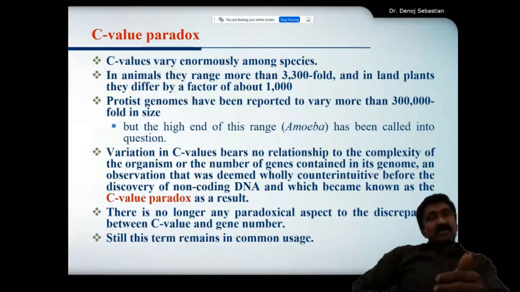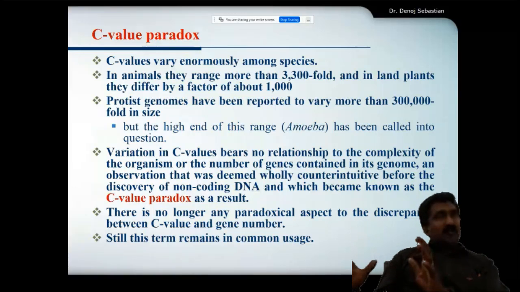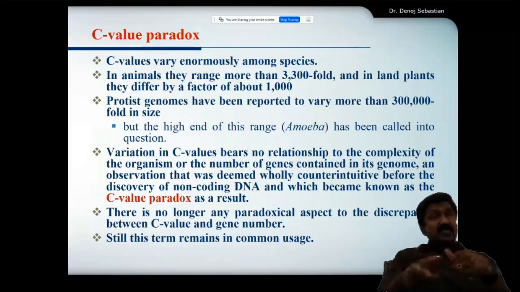In higher order organisms like humans or vertebrates, we expect more functional genes for operating all these complex systems, but the C value may not be correspondingly high.